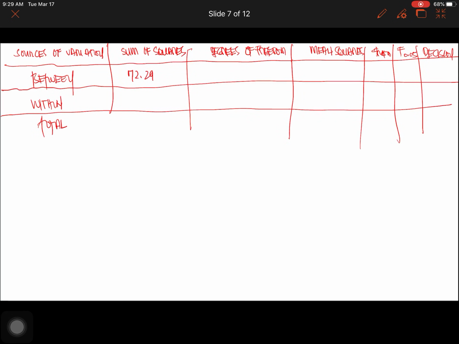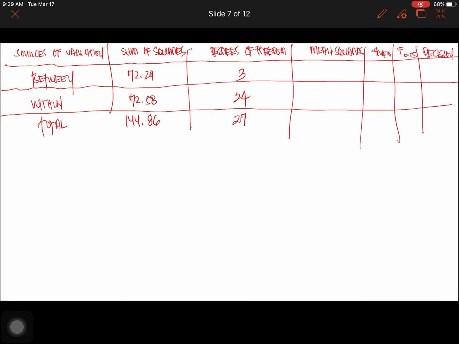Then for the sum of squares between, okay, we have 72.29. And then for the within, we have there 72.58. For the total, we have 144.86. Then for the degrees of freedom, we have here 3 and 24, and this is 27.